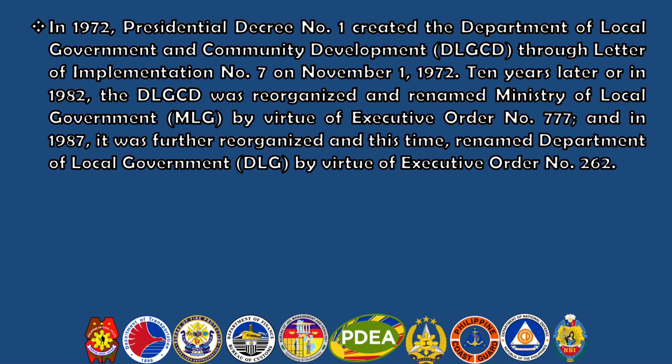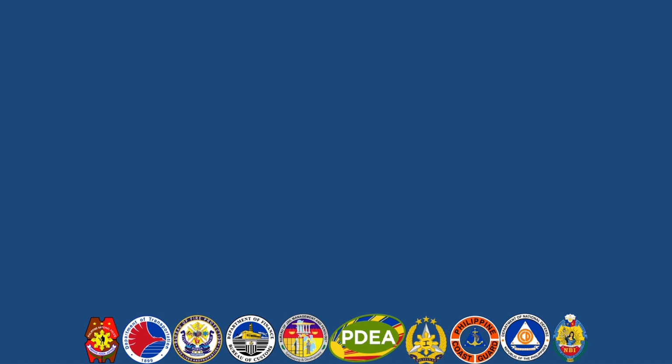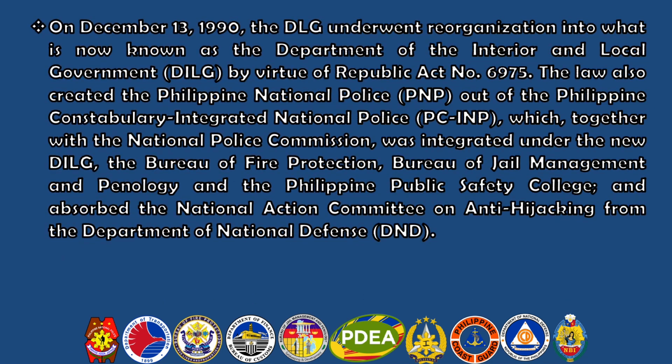And in 1987, it was further reorganized and this time renamed Department of Local Government by virtue of Executive Order number 262.